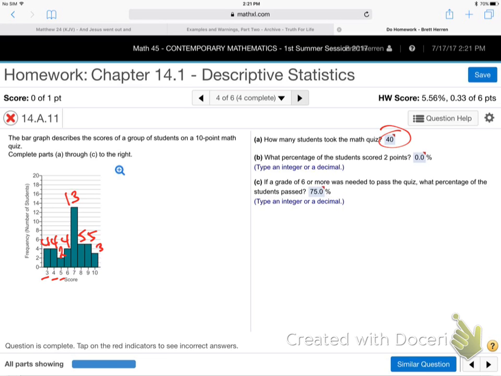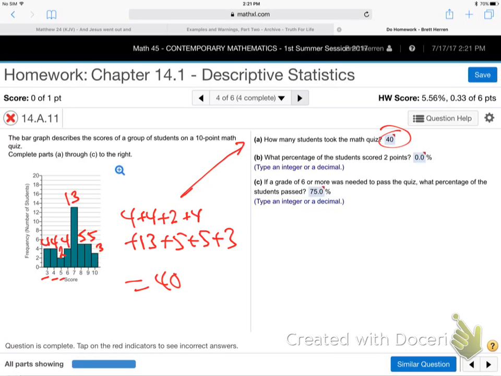Is that right? So that's how many in the various categories. I just added those numbers up. So for part A, I just did 4 plus 2 plus 4 plus 13 plus 5 plus 5 plus 3. 10, 17, 27, 30. Wait, I'm getting 30. Oh, 40. It is 40, yeah, 40. We all good? Just add.